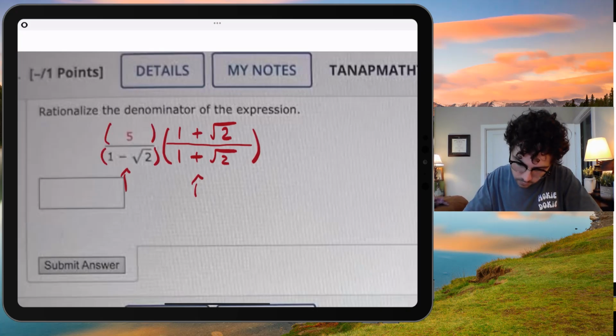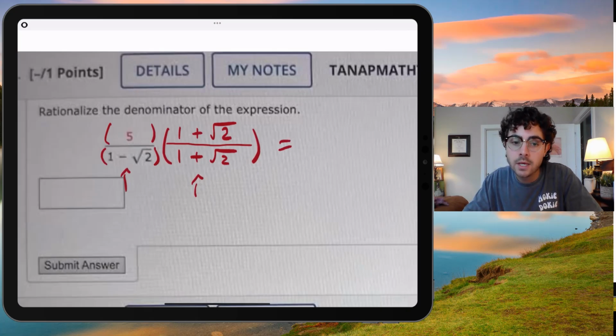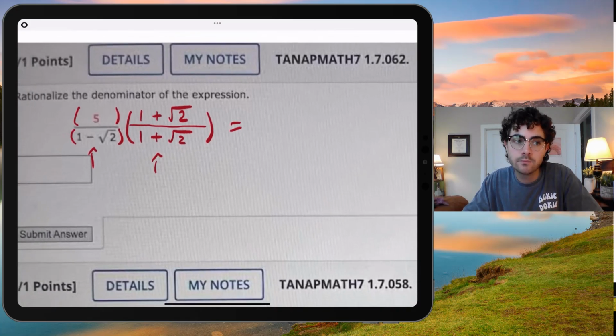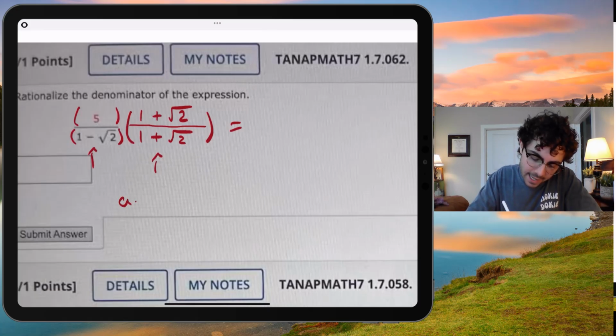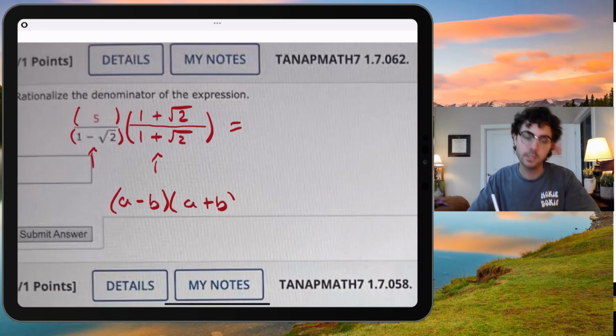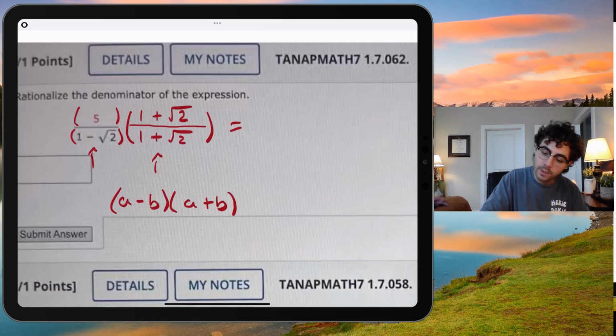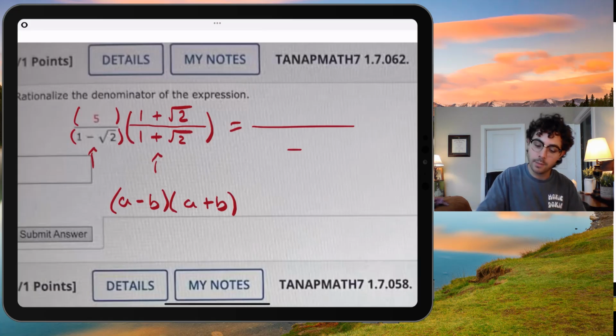The reason we multiply by the conjugate on the bottom is because it's basically the formula for getting all integers in the denominator. In other words, getting rid of all the square roots in the denominator. Notice this has the form a minus b, a plus b. It's the opposite sign thing, the plus and minus, which leads to a difference of two squares in the bottom.